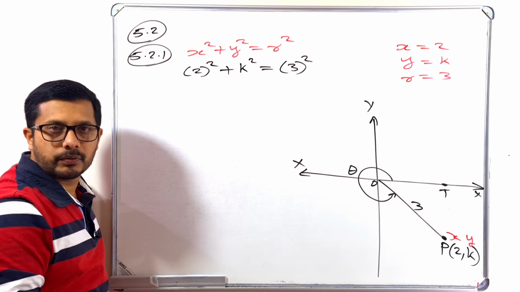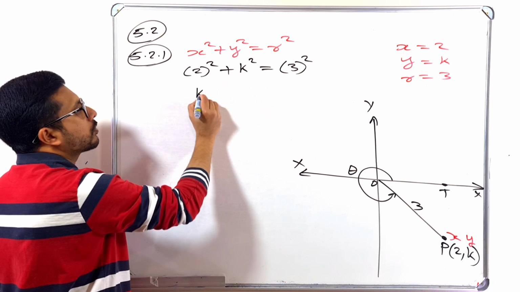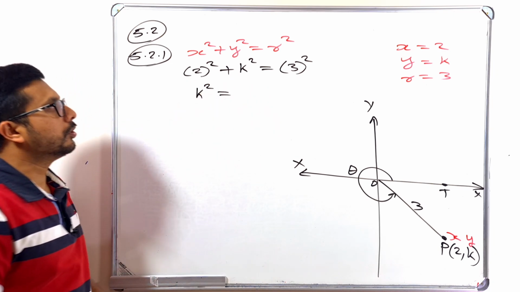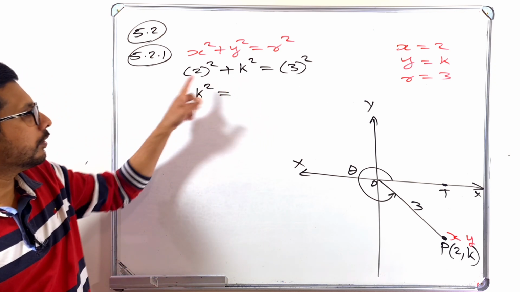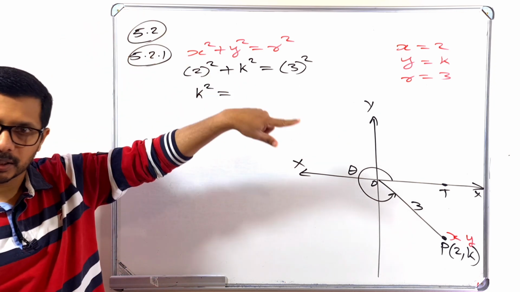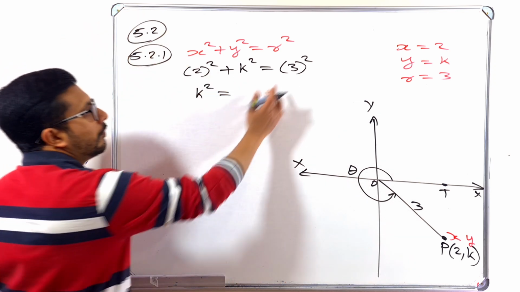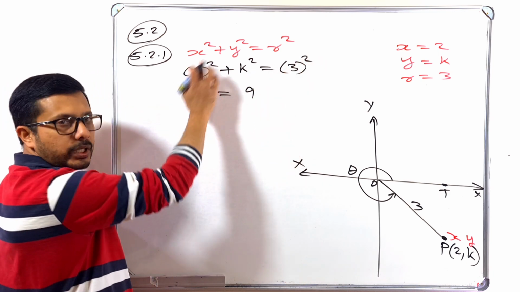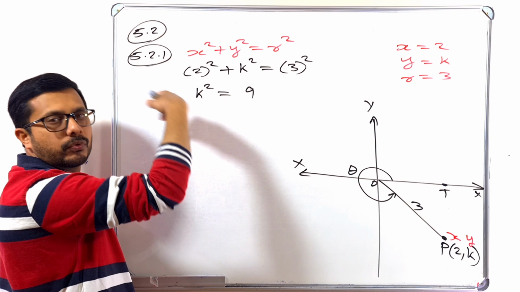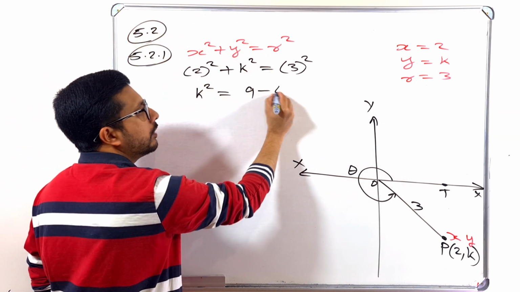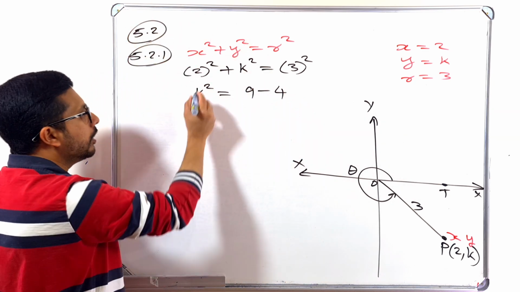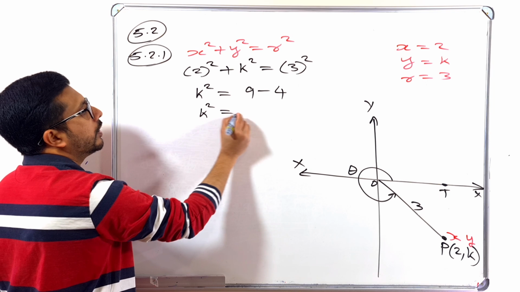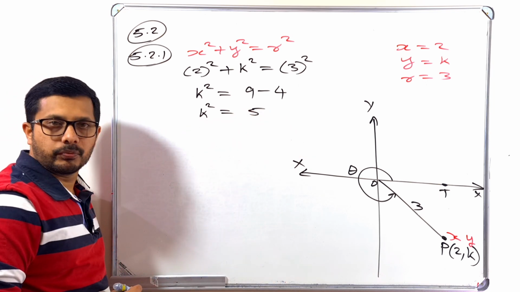So k squared, you have to take this 2 squared to the other side. What is 3 squared? 9. This 2 squared is 4. If you take that 4 to the other side, it is minus 4. So k squared is equal to 9 minus 4, which is 5.